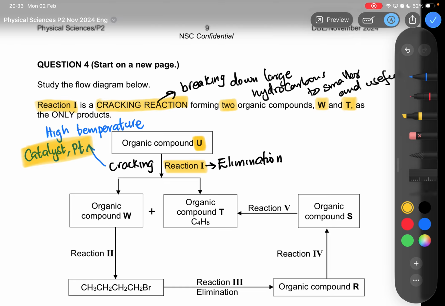So it is cracking, which would require these two conditions here. And cracking, when it happens, it forms two types of compounds.